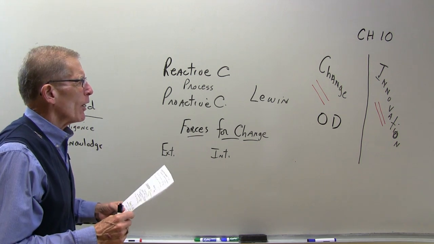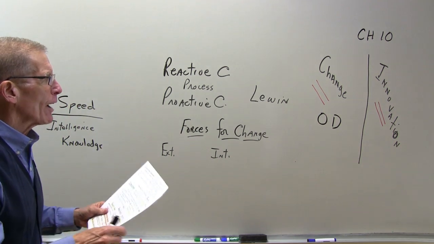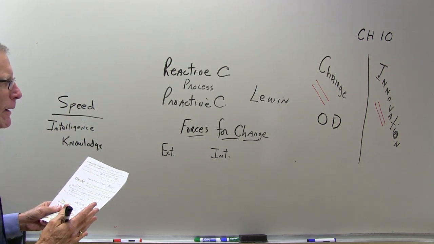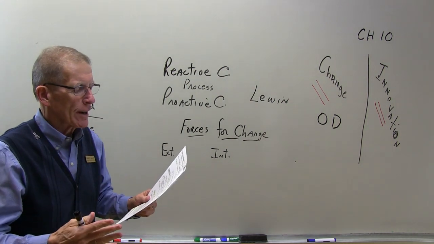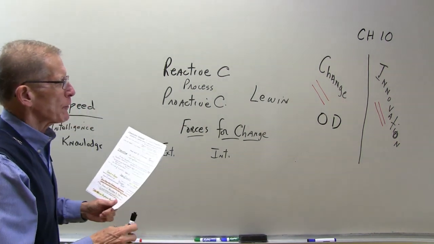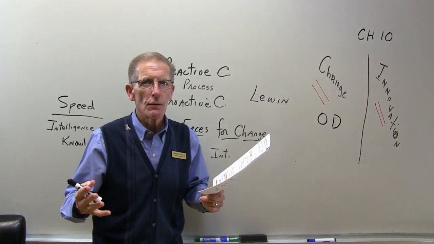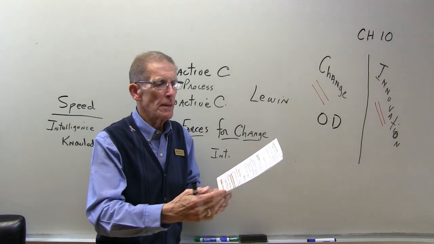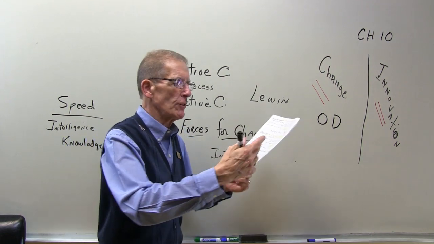The way they do OD, it's kind of like how you handle a sick patient. If a person comes in, I'm sick, I don't feel well. Well, the first thing that's done, they usually do a diagnosis. They take your temperature, they take x-rays, they take blood work.